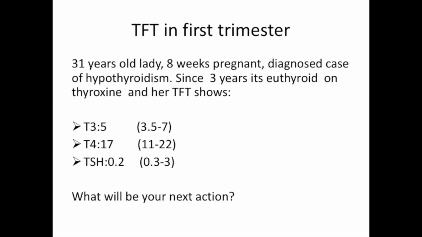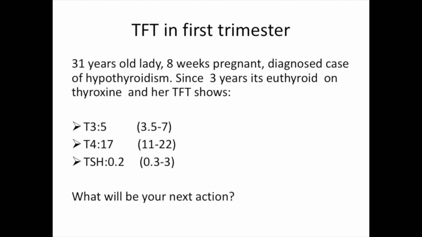Now let us take a case that will make us understand the concept deeper. A 31 year old lady, 8 weeks pregnant, a diagnosed case of hypothyroidism for 3 years, and she has been euthyroid since that time, taking thyroxine. You did a thyroid function test for her, and she is, remember, 8 weeks. T3 normal, T4 normal, and TSH is 0.2.